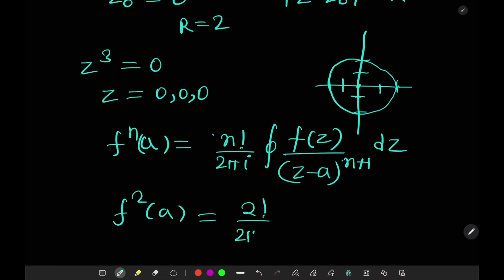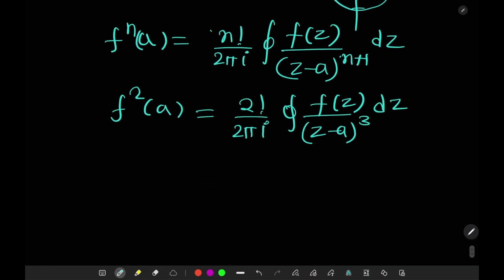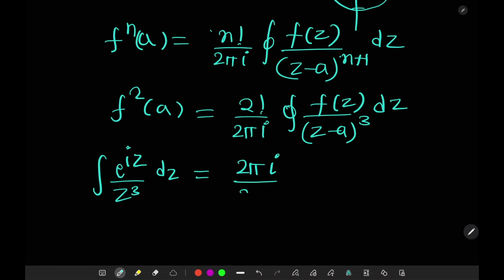So putting this value, n equals 2, we can write this. Now the integral of e raised to power iz divided by z cube dz is equal to 2 pi i divided by 2 factorial.